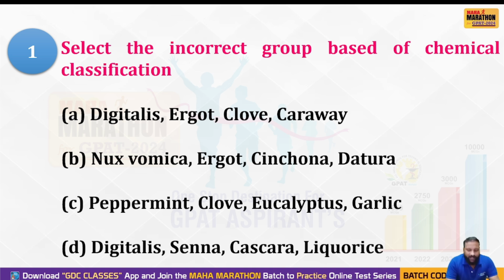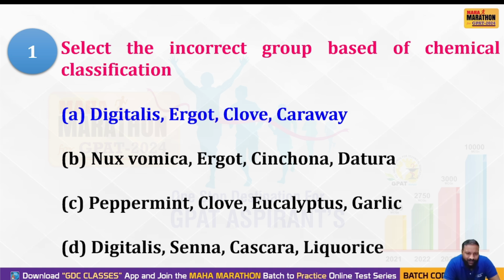We have four options. From that, which one is the incorrect group according to the chemical classification? We'll see the right answer so that we'll have a brief explanation about the question. Digitalis, ergot. If you look at all the options except option A, all belong to one type.